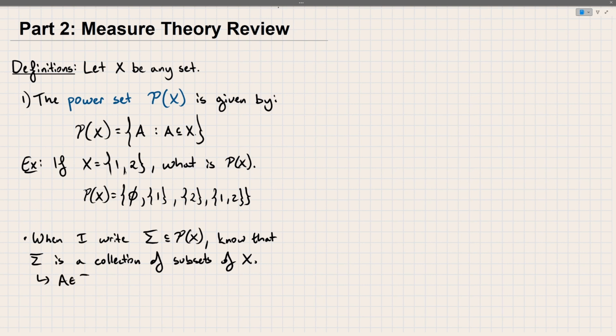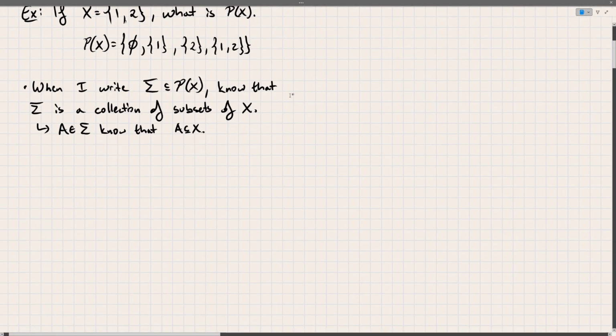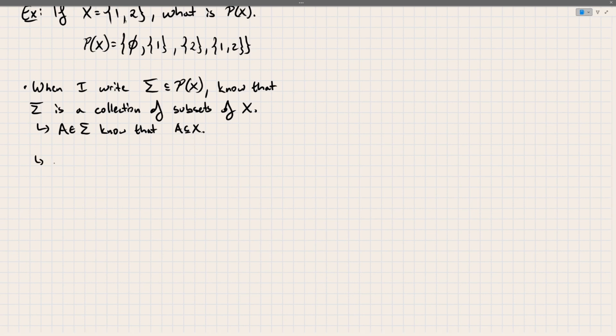So if I say A is in sigma, you should know that A is a subset of X. Equivalently, I can write either A is an element of the power set of X, or I can write A is a subset of X. I like writing it like this, so I will write it this way.